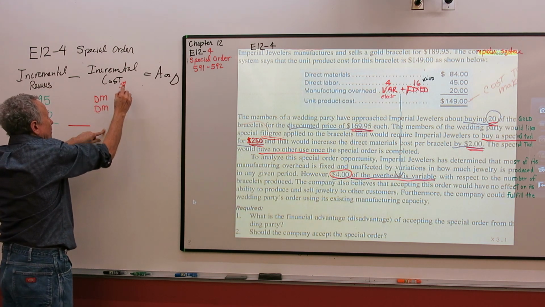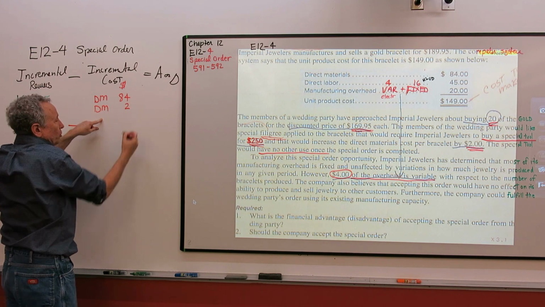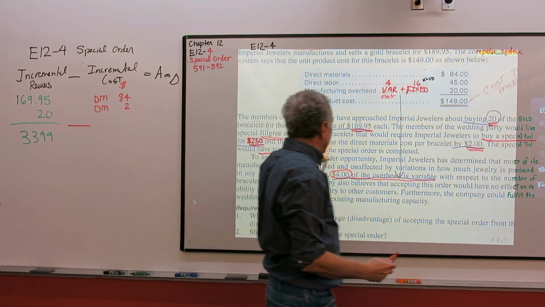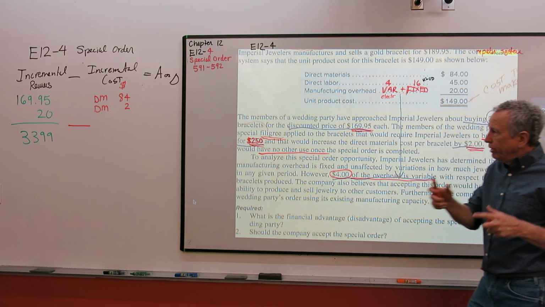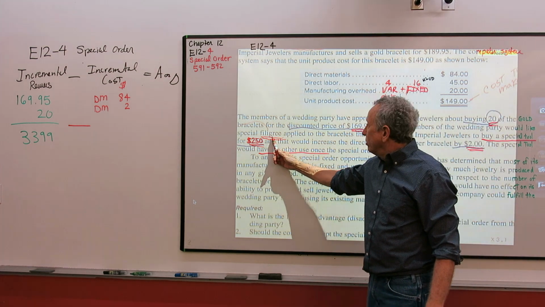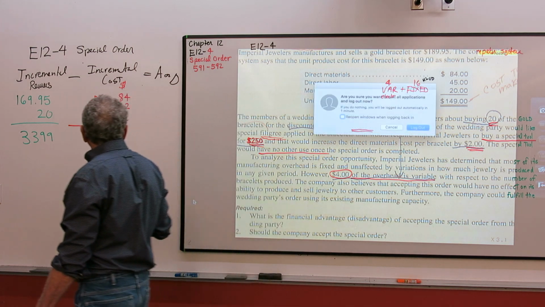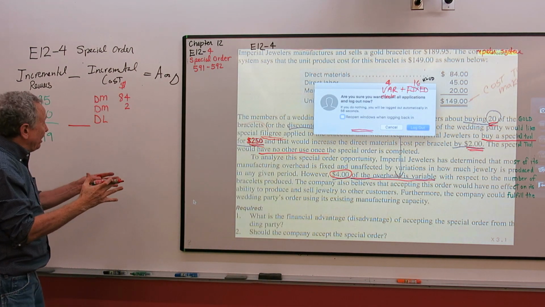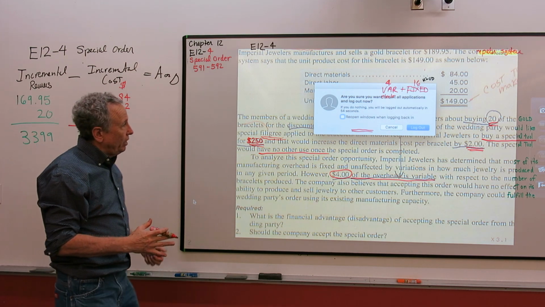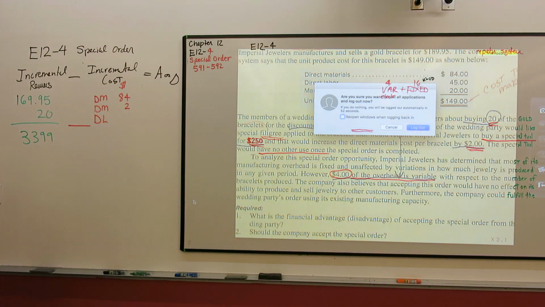But now they said there was going to be $2 more, didn't they? Yeah, $2. It's for that little filigree. You don't want to forget the filigree. And then we've got direct labor. Well, do you see that if you make these rings in the future, you're going to have to pay your laborers?